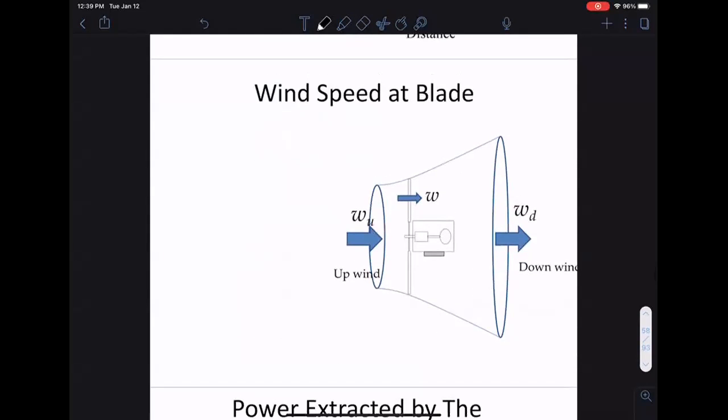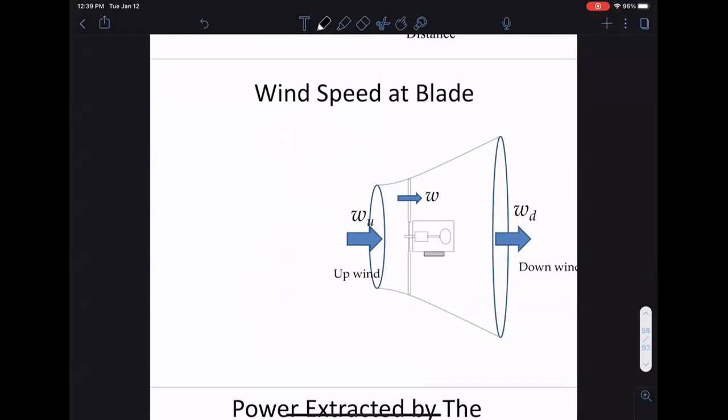So now we need to get some idea. To understand efficiency, remember, the power we capture we think of as the power upwind minus the power downwind in the air. That requires us to think about the speed of the wind at the blade.